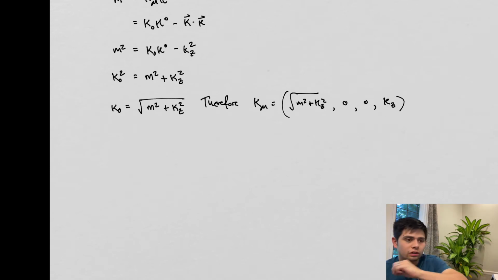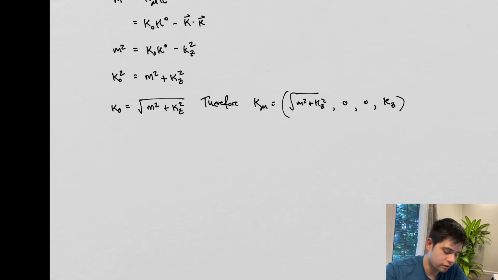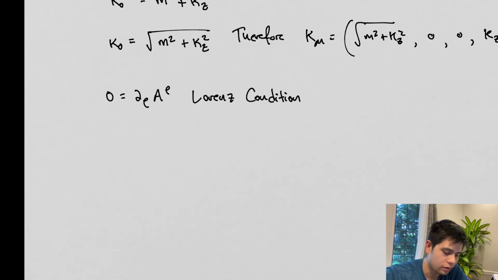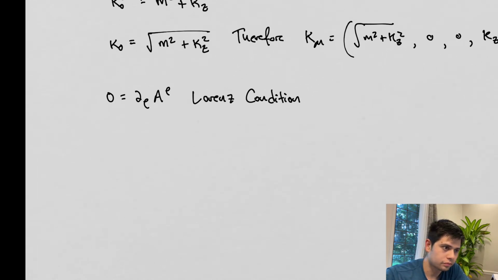if we recall the Lorentz condition, right? The Lorentz condition was that 0 equals d rho a rho, right? So if we recall, this is the Lorentz condition. We have a vector, and this is a gradient on a vector.